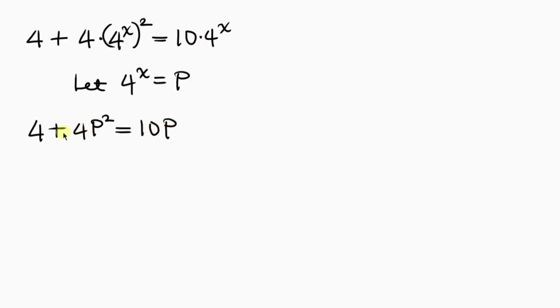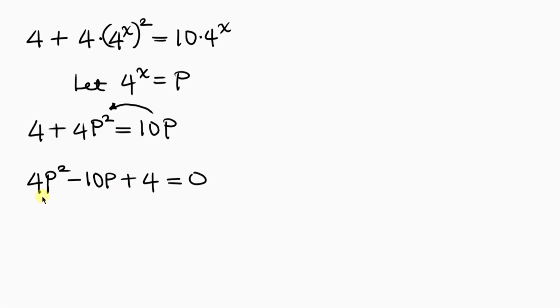So we have a quadratic equation. Let's arrange the quadratic equation by moving this 10p to the left hand side. So we have 4p squared here, and as 10p crosses, it becomes minus 10p. I already have plus 4 here, equal to 0.